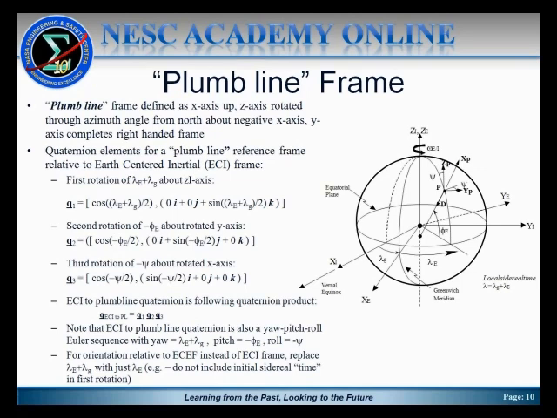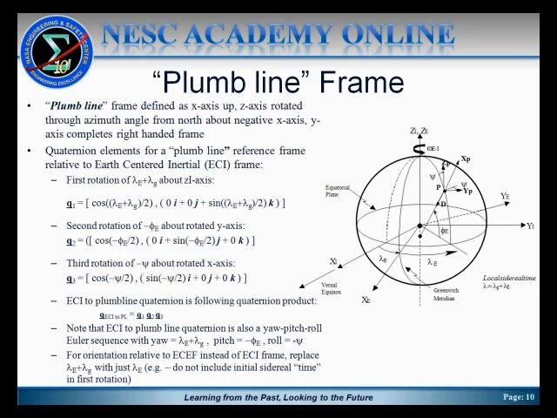The second rotation angle is the rotation of negative geodetic latitude about that rotated y-axis. And the third rotation is a rotation of the negative azimuth angle about the rotated x-axis. So finally, the quaternion representation of the ECI to plumb line frame would be the product of the three quaternions Q1, Q2, and Q3 in the order shown.